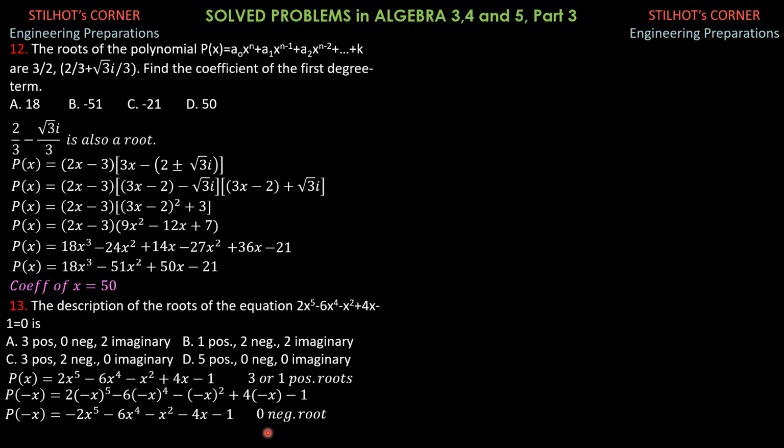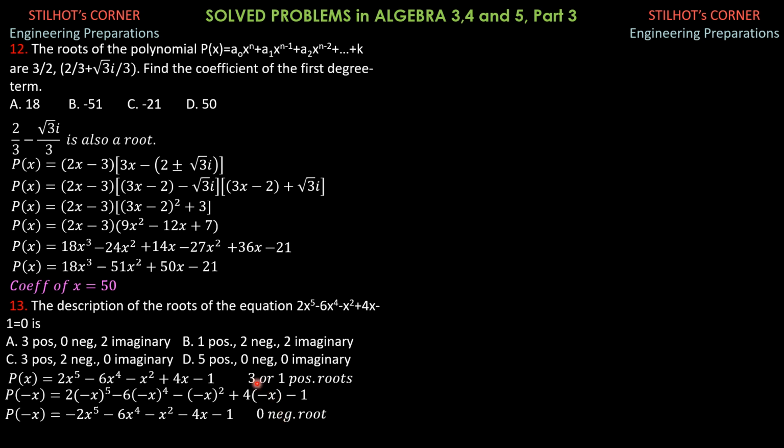So therefore, the possible roots would be 3 positive roots, 0 negative roots, and 2 imaginary roots. Or 1 positive root, 0 negative root, and 4 imaginary roots.